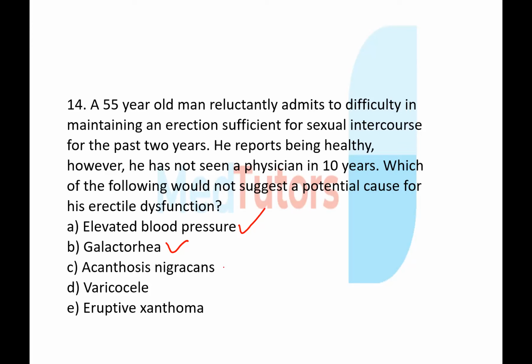Acanthosis nigricans is also associated with metabolic syndromes like diabetes mellitus. It can also be related to erectile dysfunction. Not acanthosis nigricans on its own, but rather the associated conditions it has.